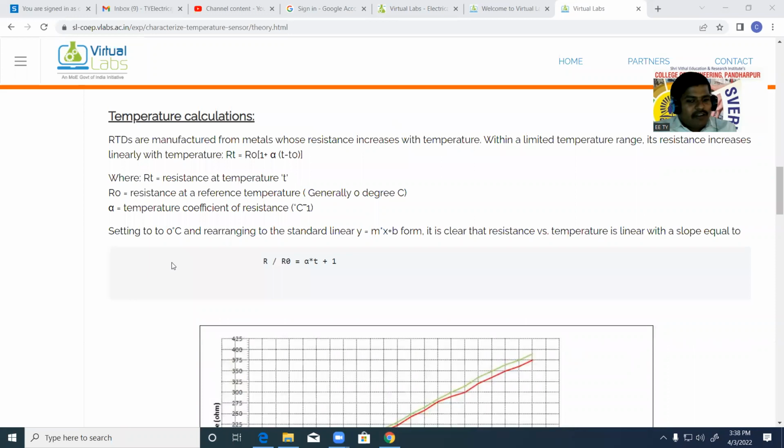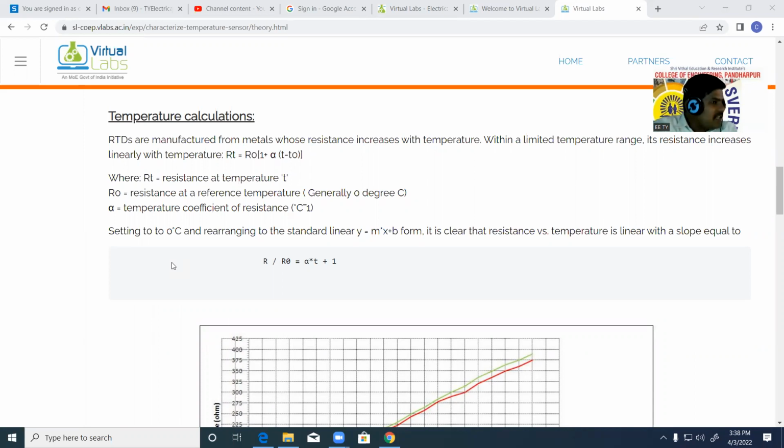Now the temperature calculation. RTDs are manufactured from metal whose resistance increases with temperature. So RTD is a type of material whose resistance increases with increasing temperature.